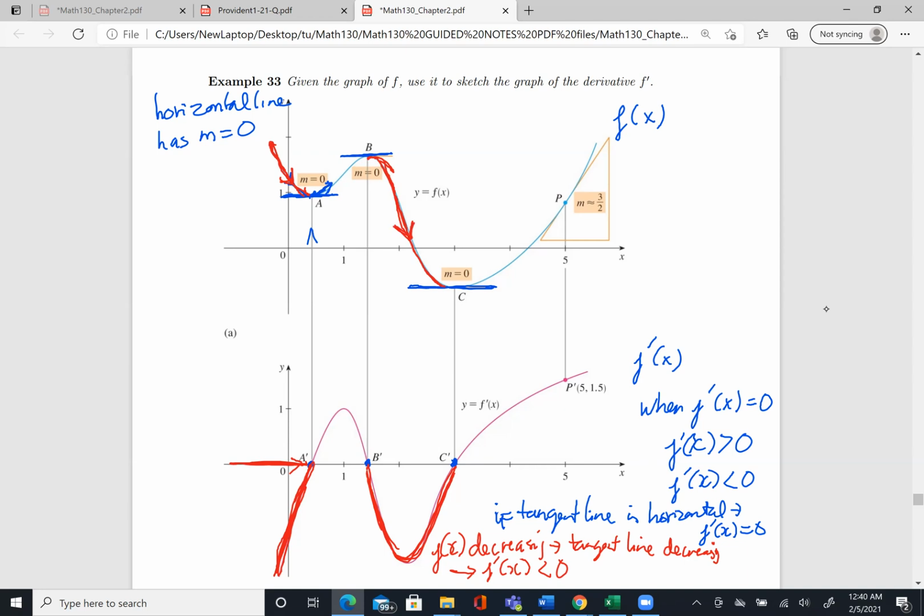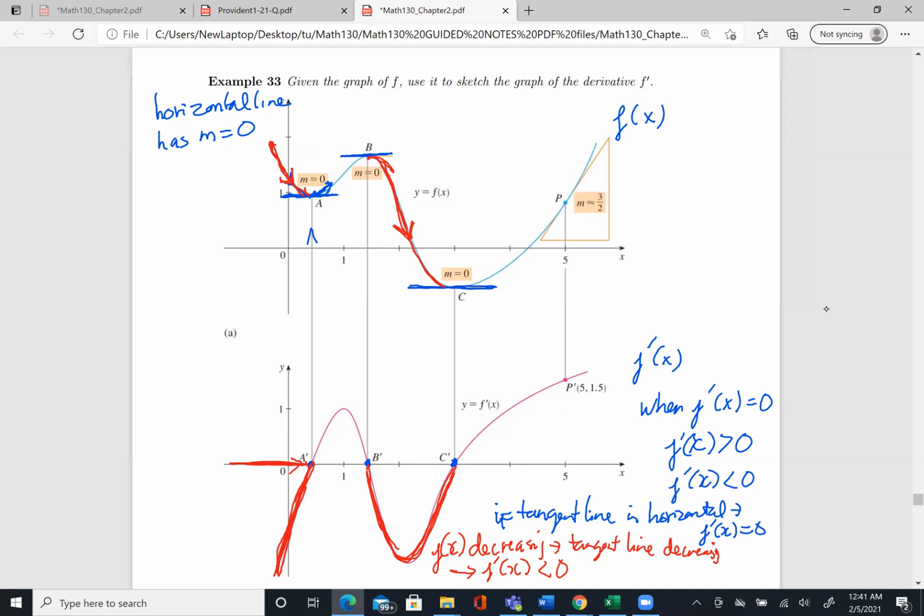So for f(x), you don't really care whether it is positive or negative. You just care about it decreasing or increasing.